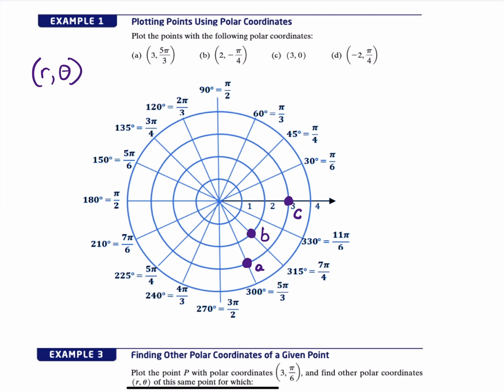And then for D, we have (−2, π/4). So notice the r value is negative. So I would first imagine going to the circle of radius 2 and to the angle of π/4. This would be positive (2, π/4), but we want a −2.